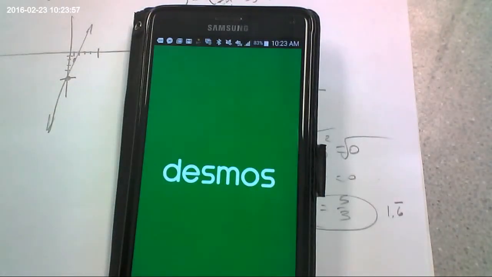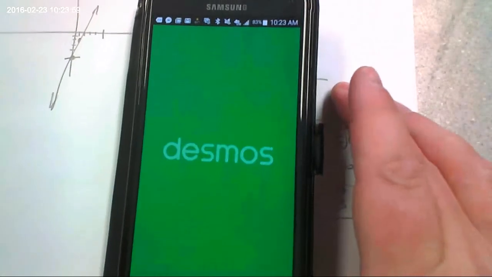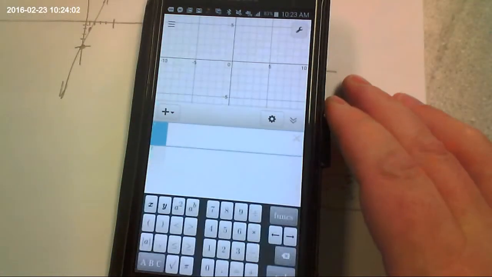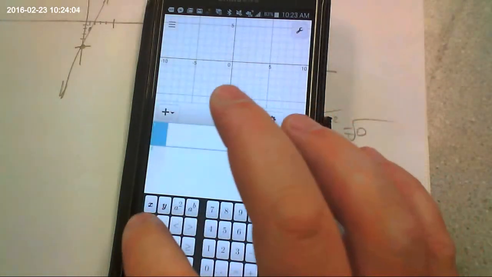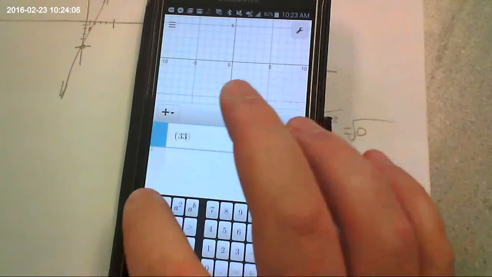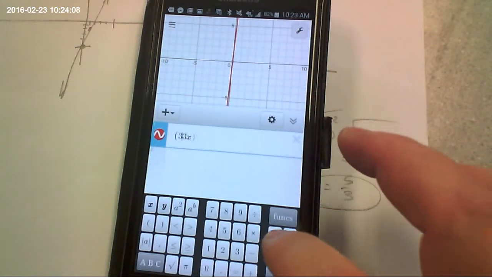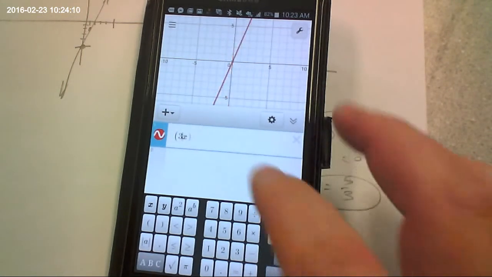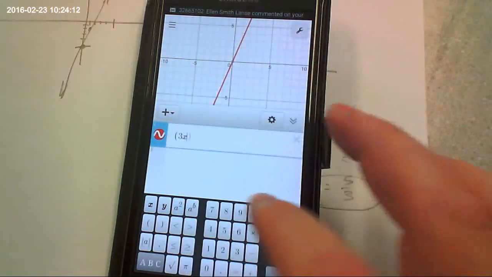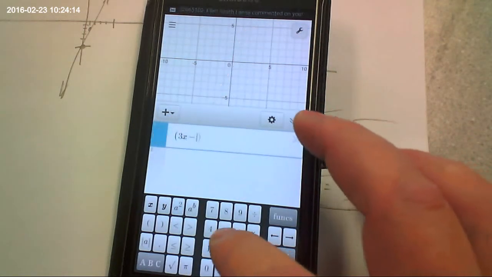Yes, yes. There's apps. It looks like math. Uh-oh. Is it minus 5?